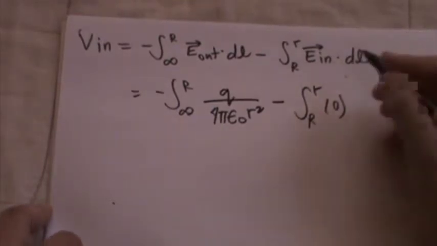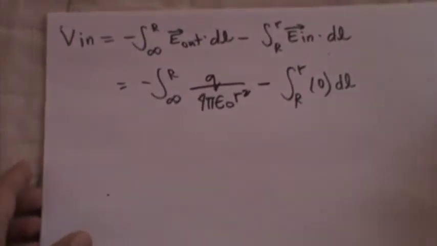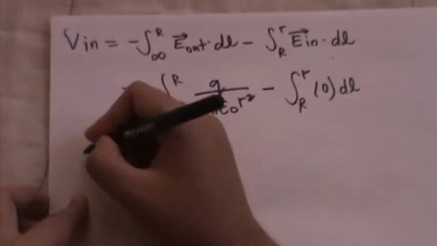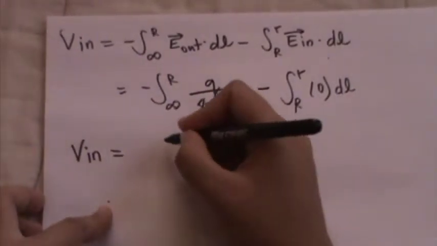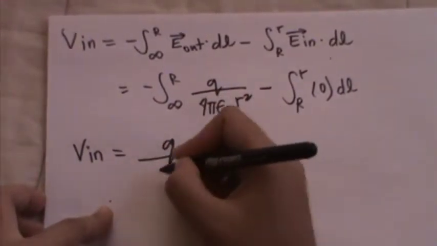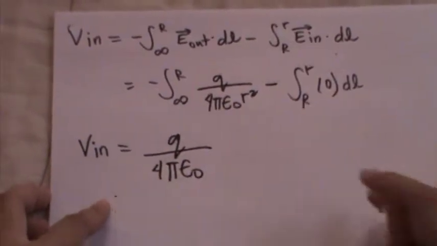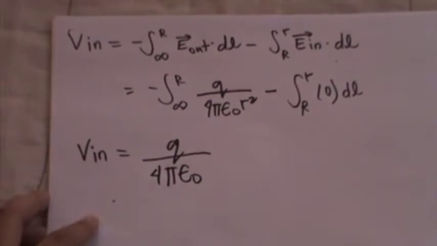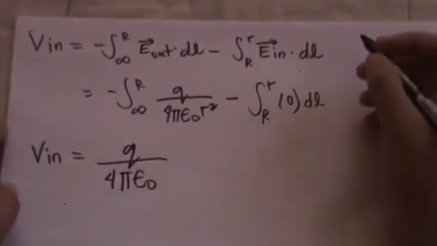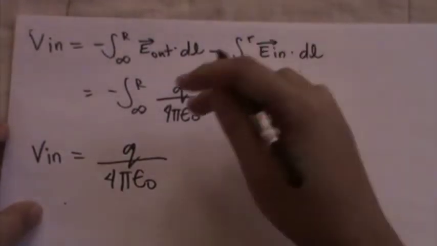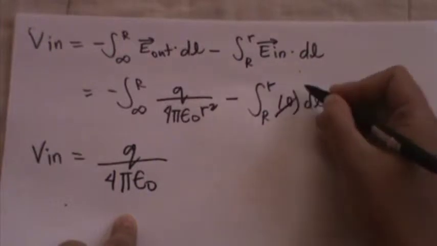dl here is retained. Since this is 0, if we manipulate this one, we end up with the potential inside the spherical shell equal to Q over 4 pi epsilon naught R squared. Sorry for this shortcut. This will be retained, this will be 0.